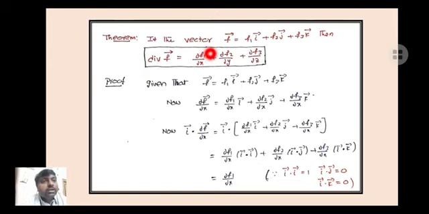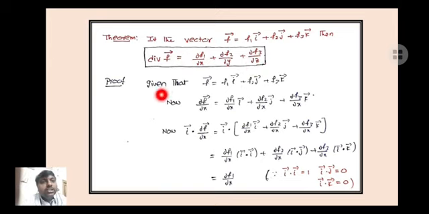If the vector point function f bar is equal to f1 i bar plus f2 j bar plus f3 k bar, then divergence of f bar is also written in the form of dou f1 by dou x plus dou f2 by dou y plus dou f3 by dou z. Okay, I am proving this.